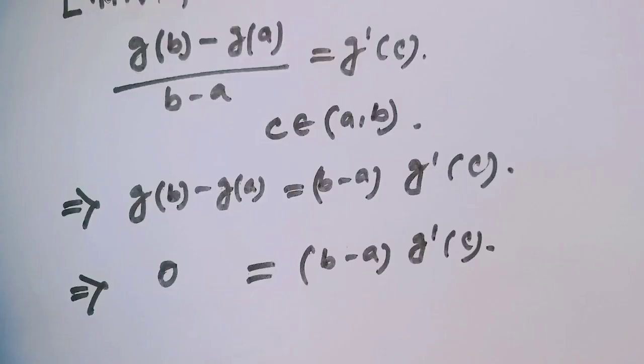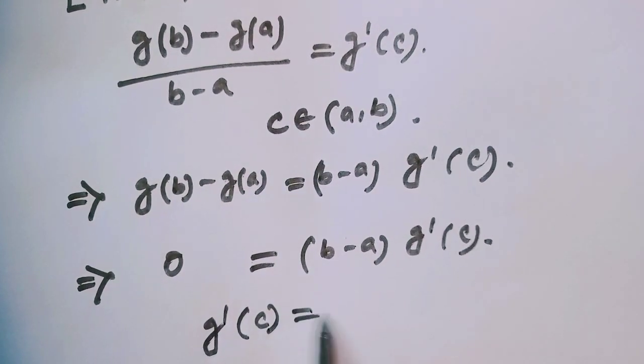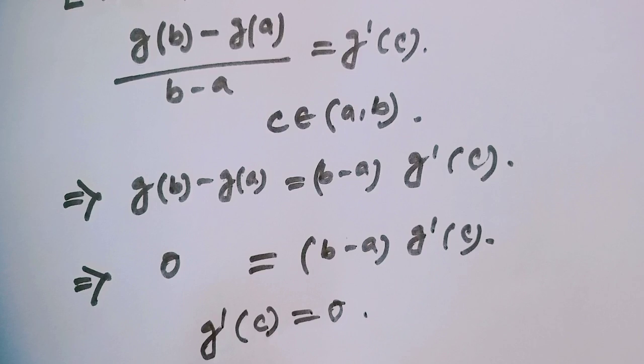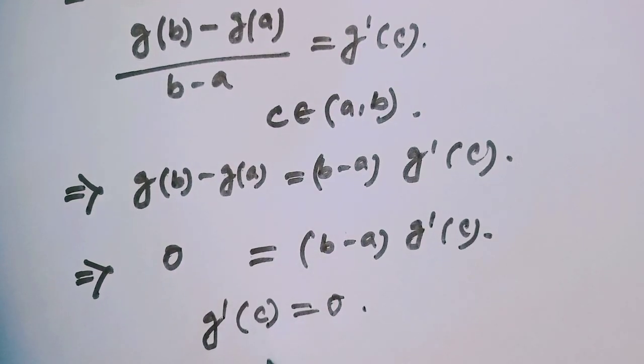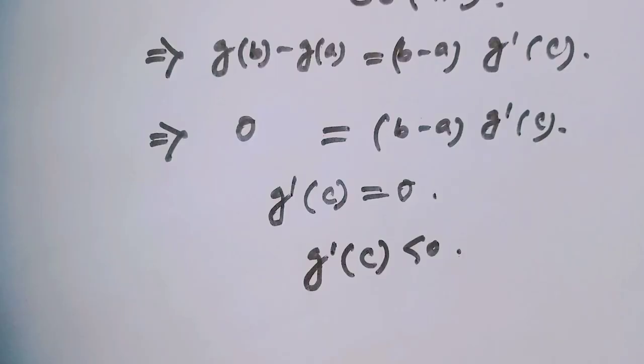If the mean value theorem is applicable here, then g prime of c must be equal to 0. This is not possible because g prime of c would always be less than 0. Or we cannot apply the mean value theorem here.